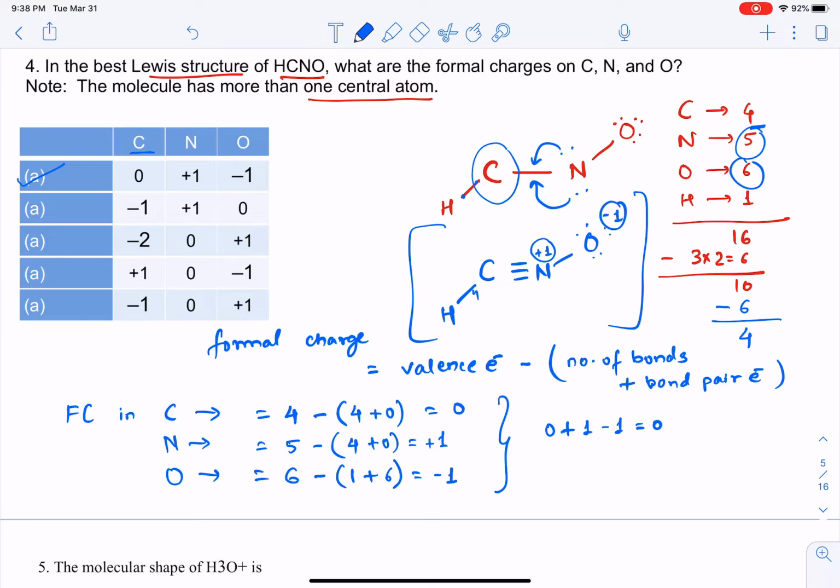I'm not calculating H because it's not asked, but even if you do H, it had 1, how many bonds it has? 1, plus 0 electrons, it gives you 0. So the overall formal charge is 0, but the individual charges are 0, plus 1, minus 1. So our answer is right, it's A.